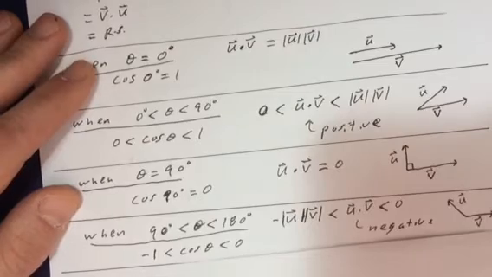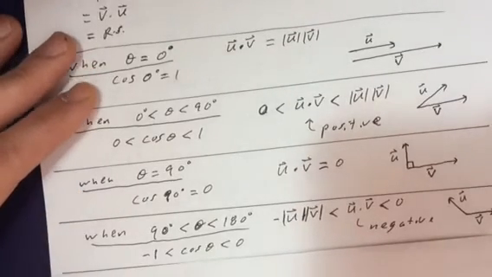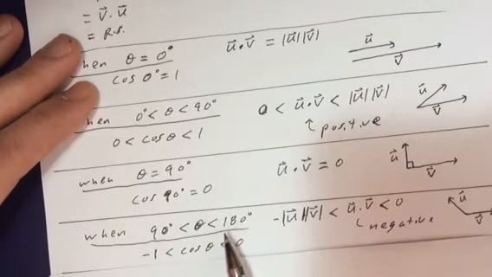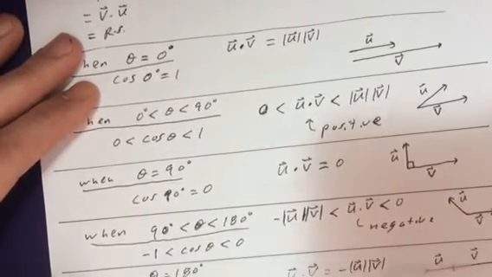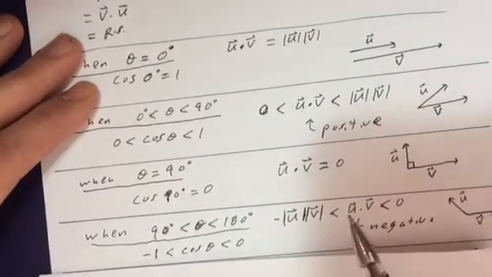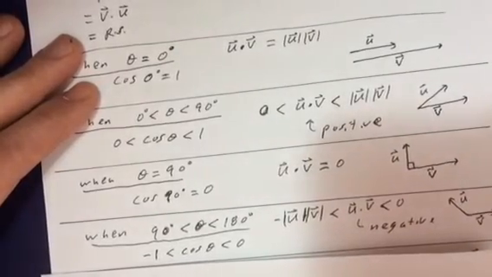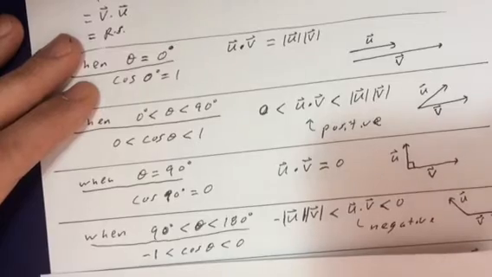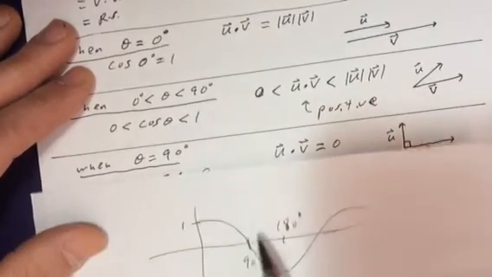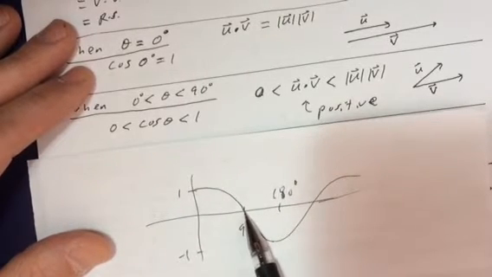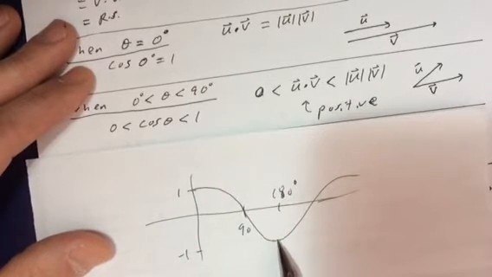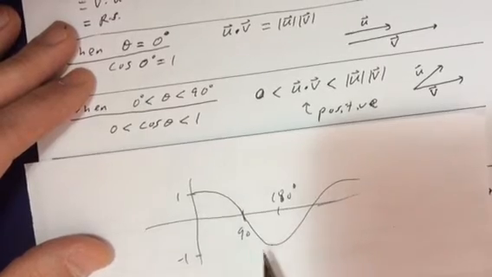When the angle between them is greater than 90 but less than 180, then cos theta is between -1 and 0. So between 90 and 180 here, cos theta is between 0 and -1, but we start with the smaller one, so -1 to 0.